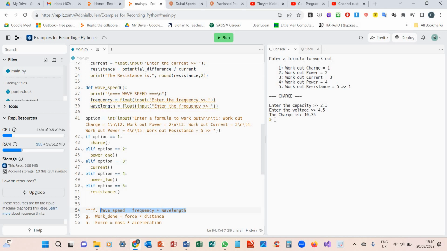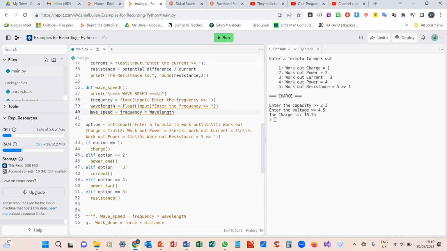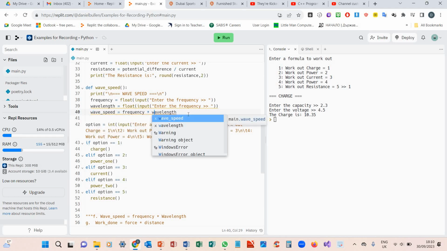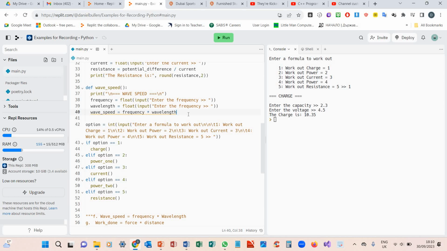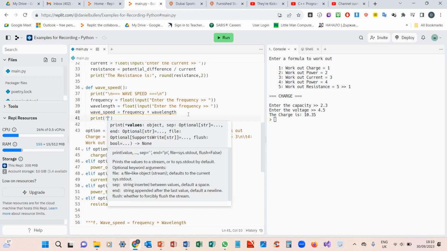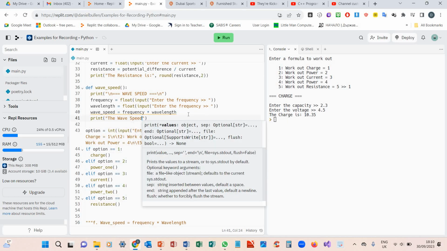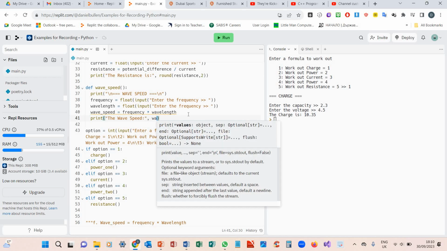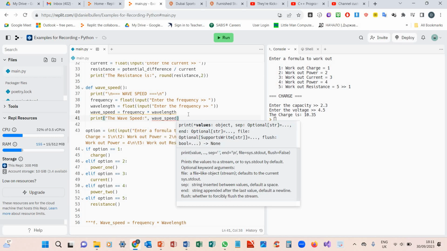And then what we're going to need now is that formula. Wave speed is frequency times wavelength. And then we are going to print out the wave speed, and we're going to output that wave speed.